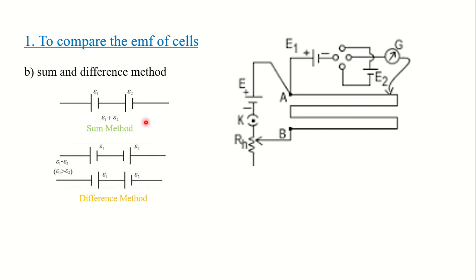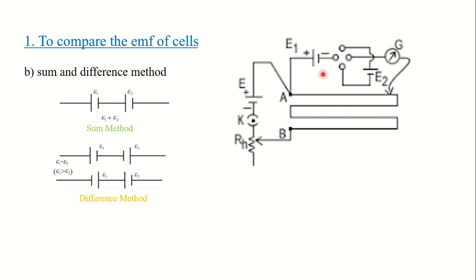That means the negative of the first cell is connected to the positive of the second cell. So both the cells are assisting each other. The EMF will be added together, which is called the sum position.